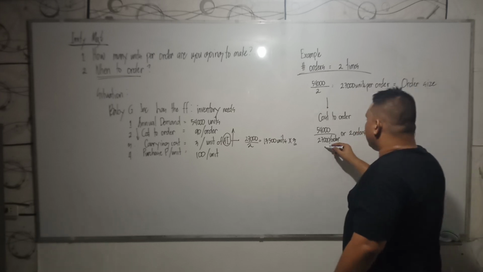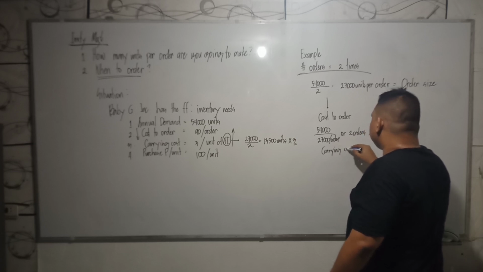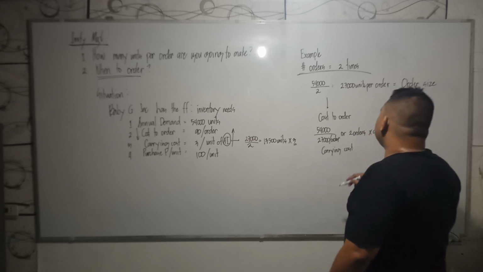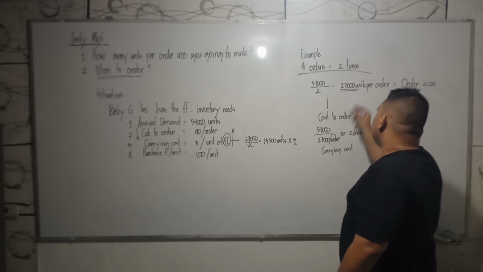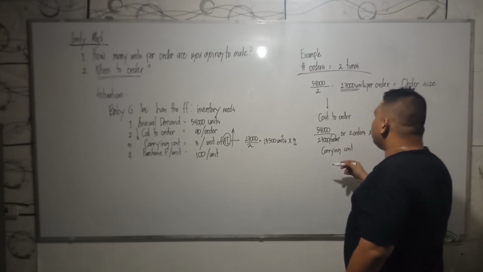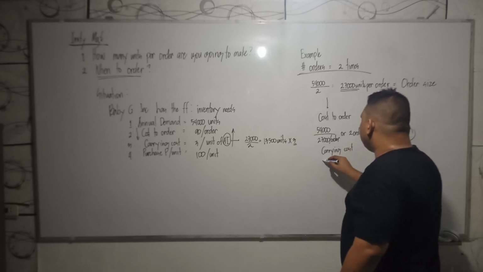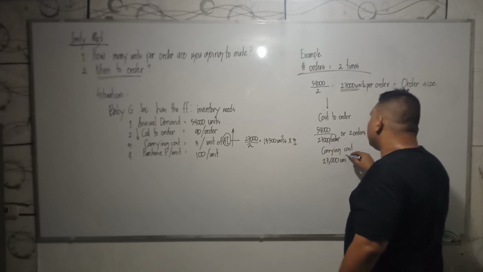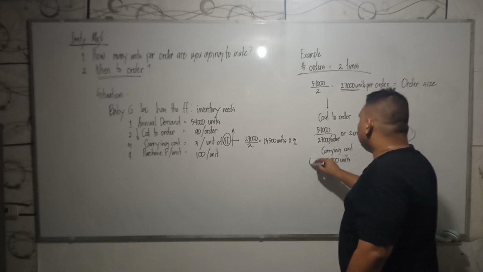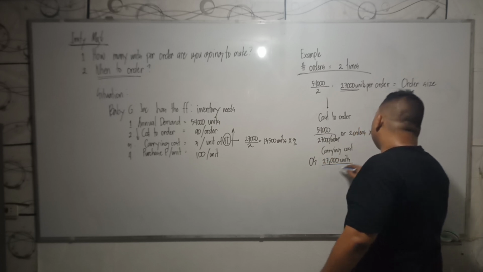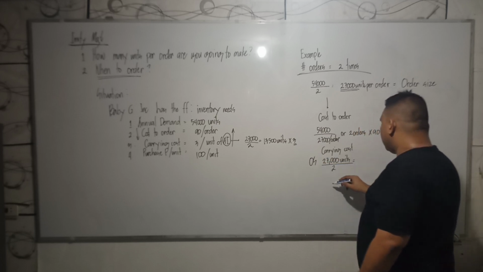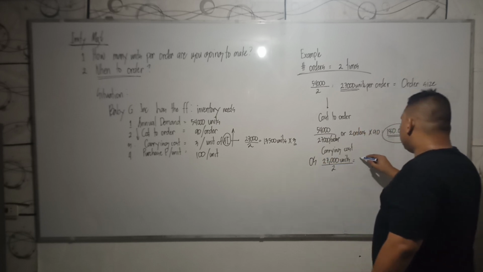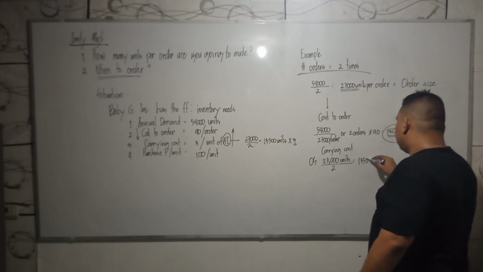But how about the carrying cost? Of course, if this is your decision, you have to get the average inventory. So meaning the order size, 27,000 units because you have decided on it, over 2, the average inventory is 13,500.